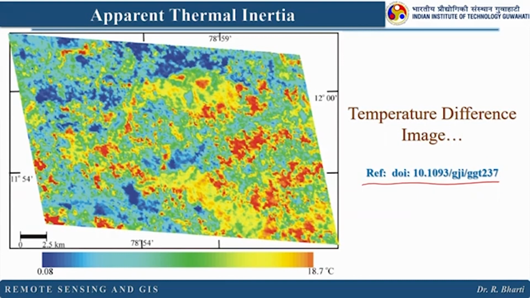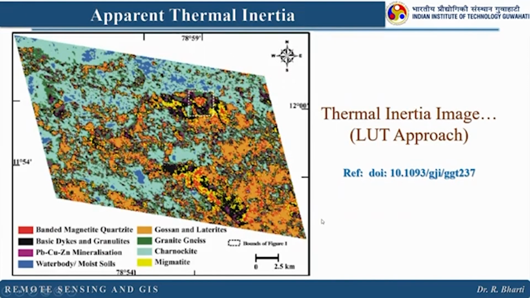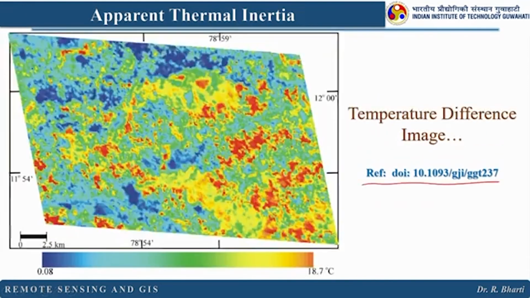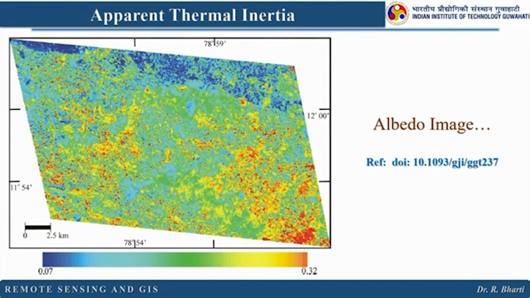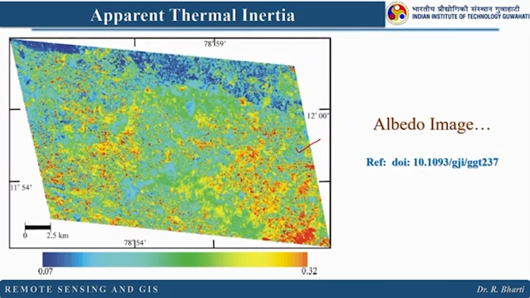The temperature data of ASTER has 90 meter resolution, whereas albedo has been calculated using the 0.4 to 2.5 micrometer wavelength bands. So here your resolution is 30 meter. This difference you can easily see here. So this has good spatial resolution compared to your thermal data, right.